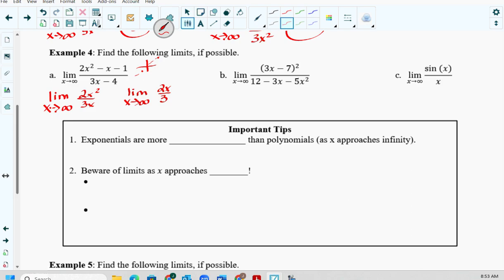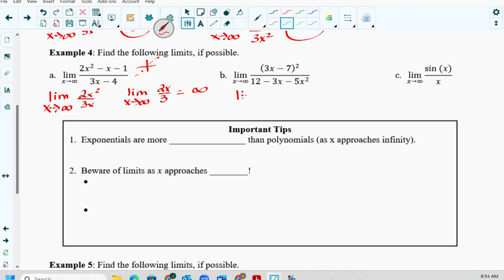So you know as we're going towards infinity, this is approaching infinity. If you had ended up with a negative somewhere in that fraction, and x approaches infinity, you'd be a negative infinity, okay? If you're plugging in negative infinity, then we have to think a little more about what that means sign-wise. What about letter B here?